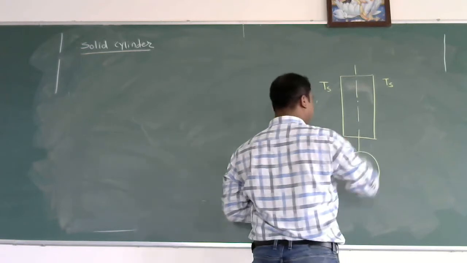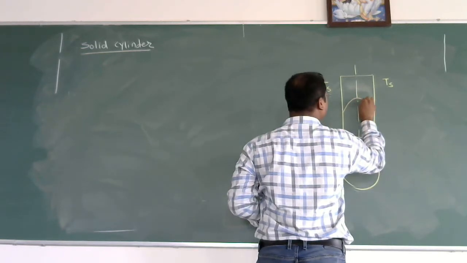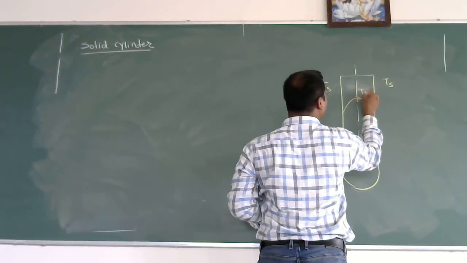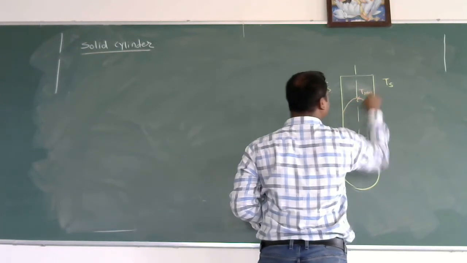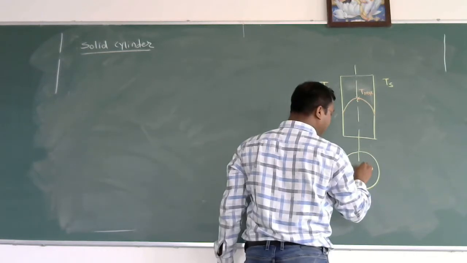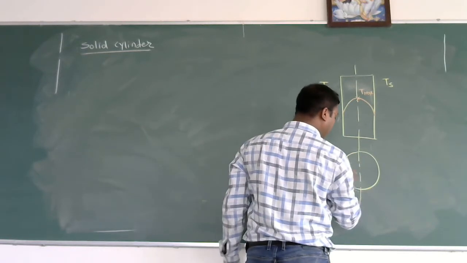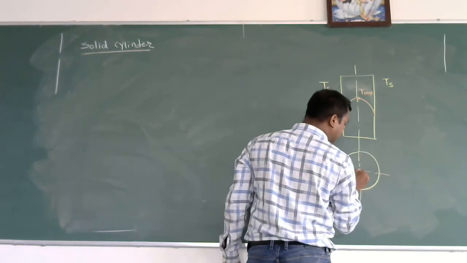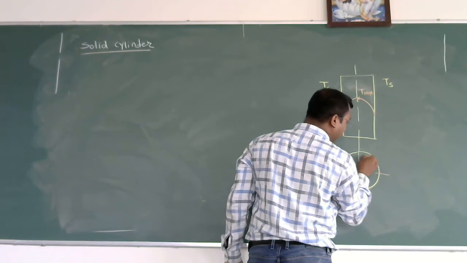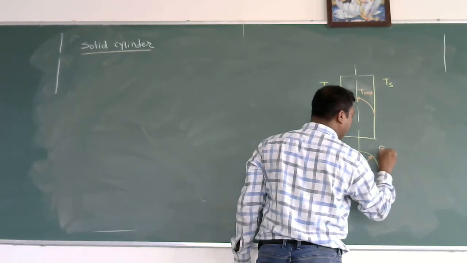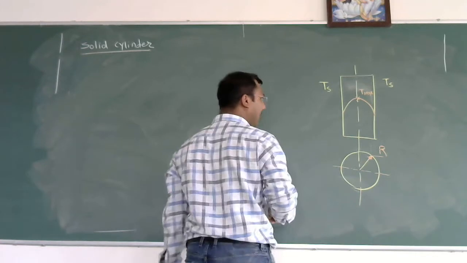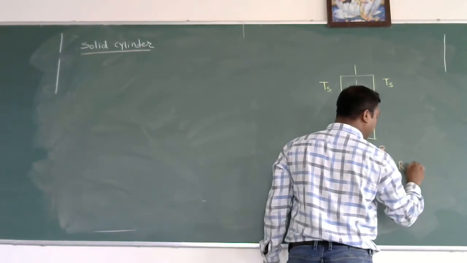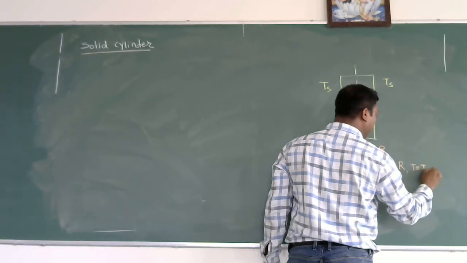Then in this case, the temperature distribution could be like this. This is your maximum temperature, T max. If I consider that this is the radius, I am writing the radius as capital R. So at radius R, temperature T will be equal to temperature Ts.